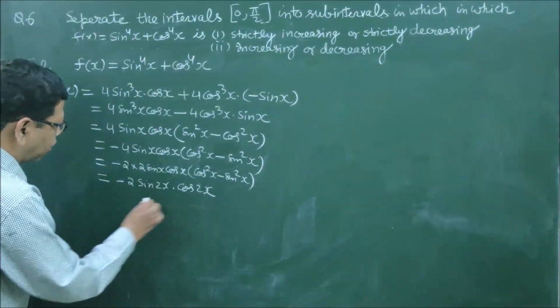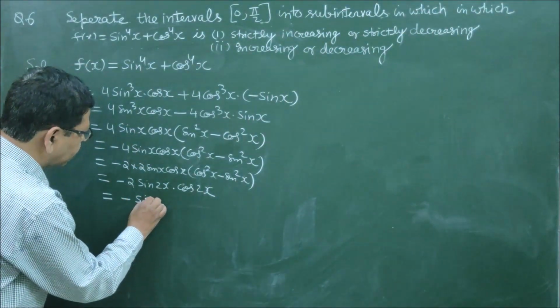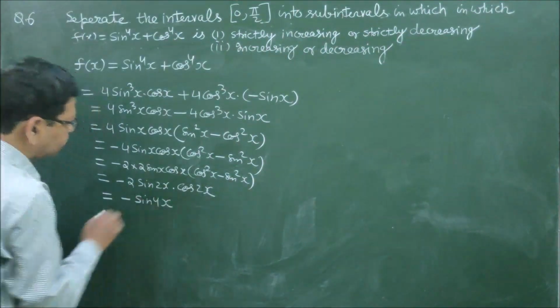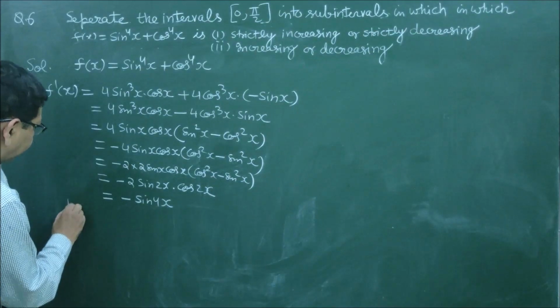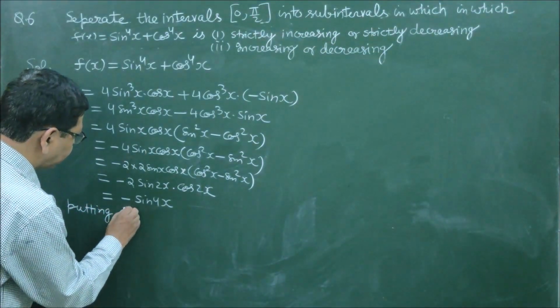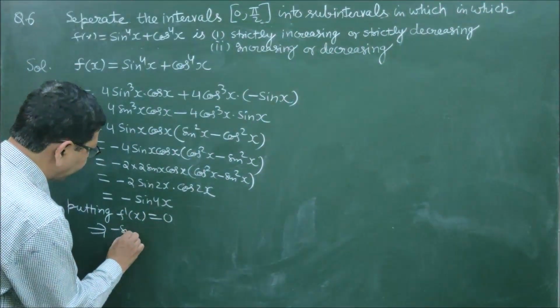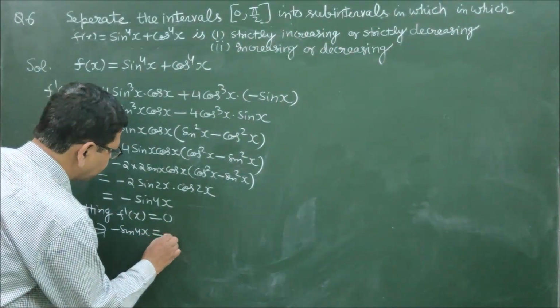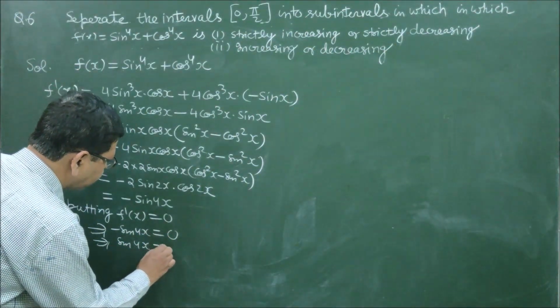Again using the formula of 2 sin a cos a, it is equal to minus sin 4x. For critical points, putting f dash x equal to 0, we get minus sin 4x is equal to 0, or sin 4x is equal to 0.